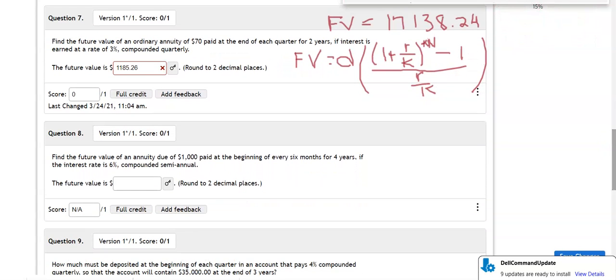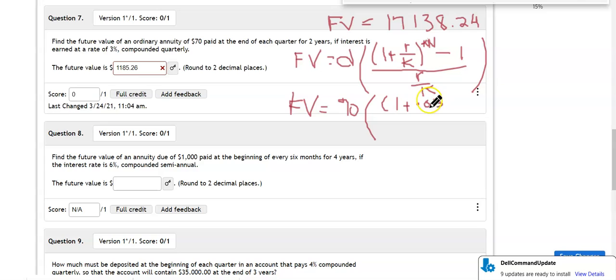Okay, so let's fill into this thing. We want to find the future value, so we don't know this, but we are going to pay $70 each quarter, so that's the D part right here. So the future value is $70 times 1 plus, our interest rate is 3%, so 0.03.